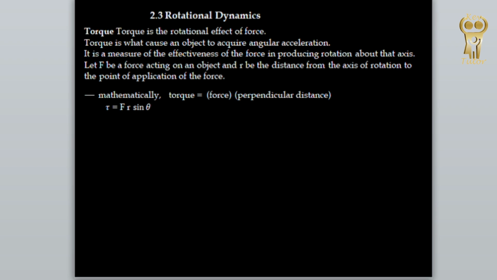Angular velocity and tangential velocity can be related in terms of the radius, therefore we state that v is equal to omega times r, where omega is the angular velocity, which is always constant for each particle in the body.